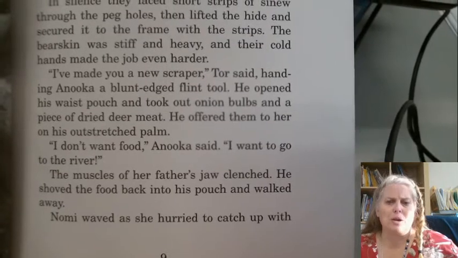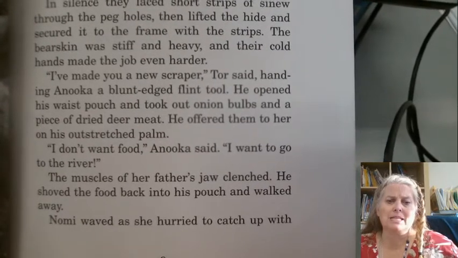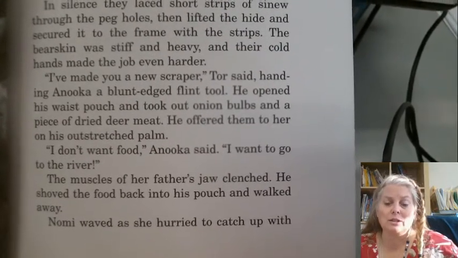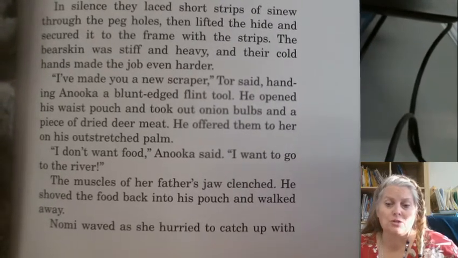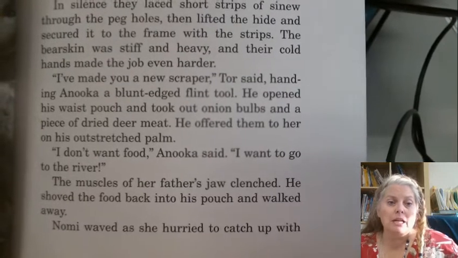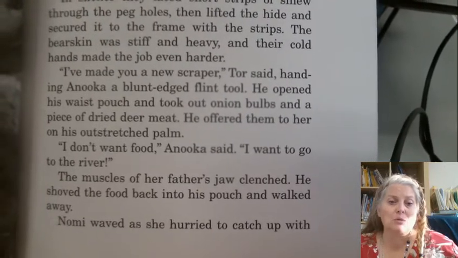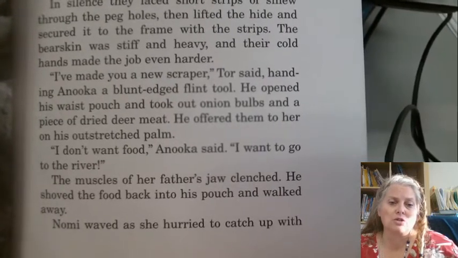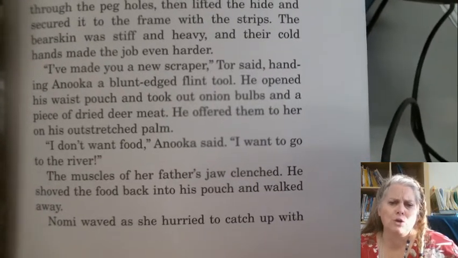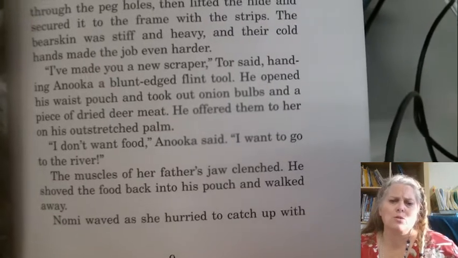"I've made you a new scraper," Tor said, handing Anouka a blunt-edged flint tool. A flint tool is made out of stone, but chipped to a nice sharp edge. He opened his waist pouch and took out onion bulbs and a piece of dried deer meat. He offered them to her on his outstretched palm. "I don't want food," Anouka said. "I want to go to the river."